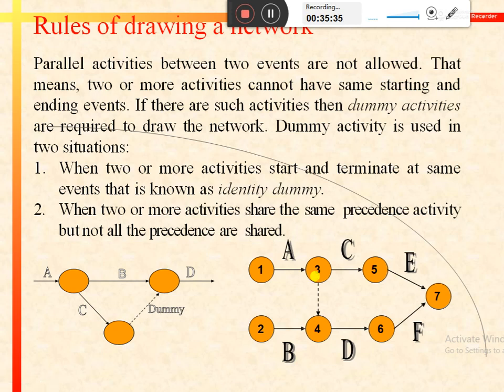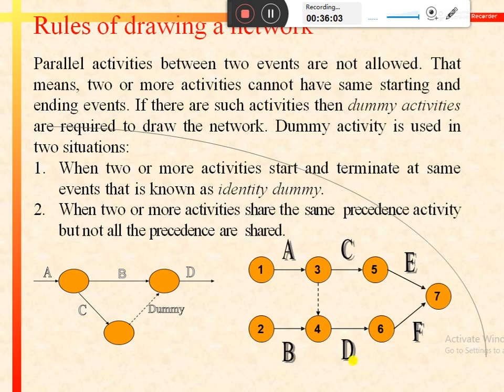There is a common predecessor, that is A. Activity D and activity C both have a common predecessor, activity A, but in addition to A, activity D also has an additional predecessor, activity B. So it shows the situation in which some activities share some predecessor activities, but not all of them.